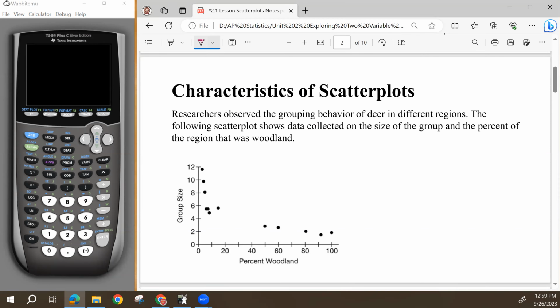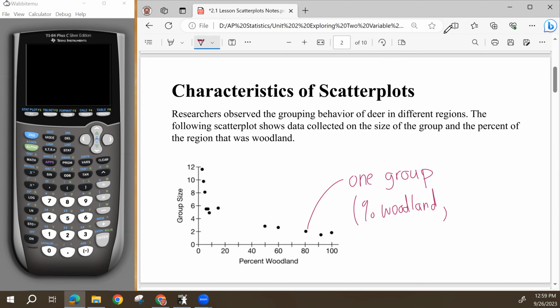Here we have data for groups of deer and the percent of the region that they were observed in that was woodland. And so each data point represents one group of deer. And the first value would be the percent of that region that was woodland.